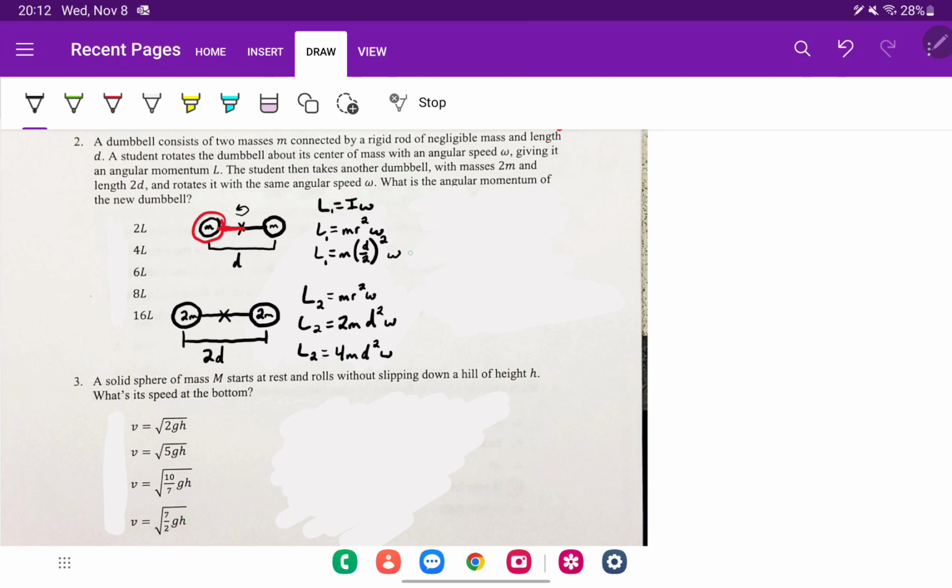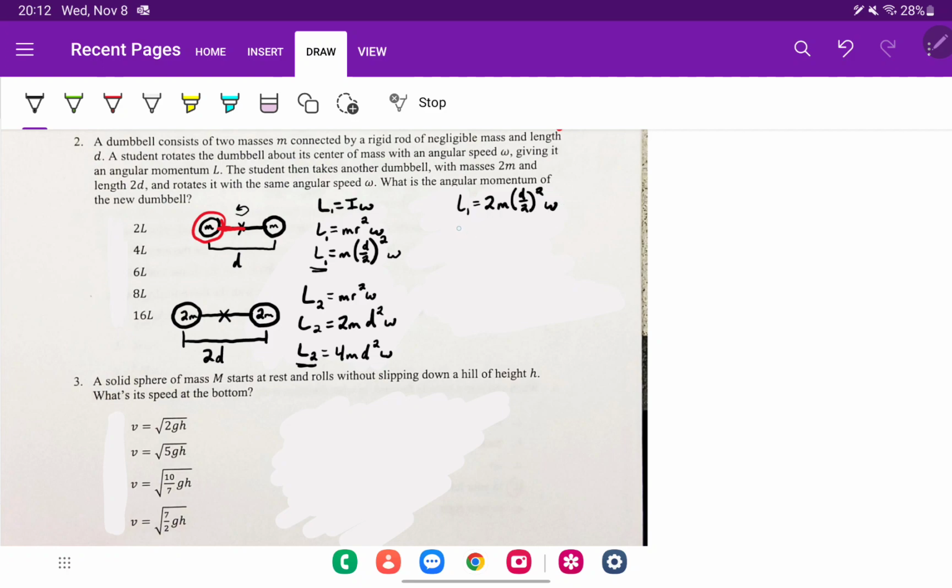So now I'm going to go back up here to my angular momentum 1 and simplify this because we need to figure out the relationship between L2 and L1. So, if we simplify this, we get L1. Well, first of all, we got to double it because, again, m(d over 2) squared omega is just one of those masses. So, if I were to double it, it would give me 2m(d over 2) squared omega.